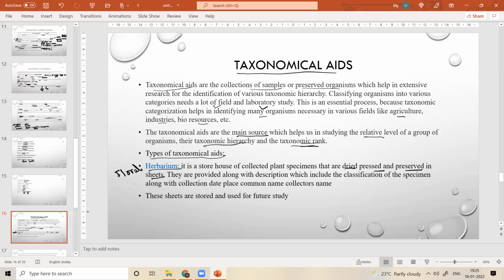By comparing with these already existing specimens present in the herbarium, we can simply study the new organisms. They are provided along with a description.